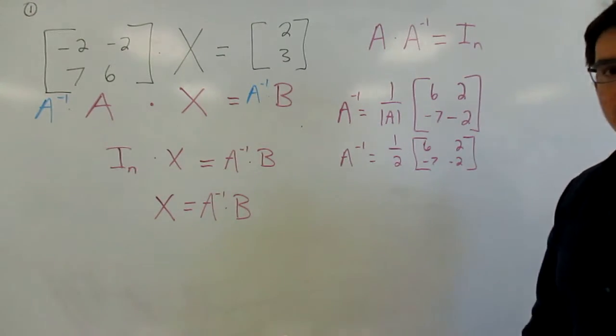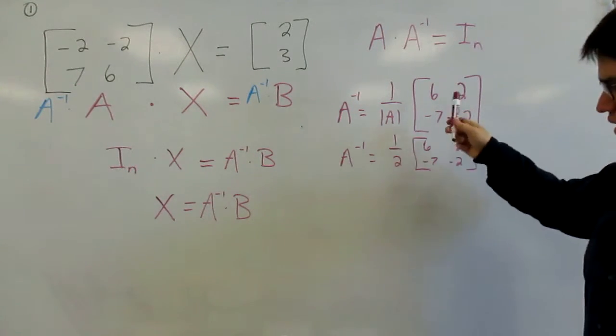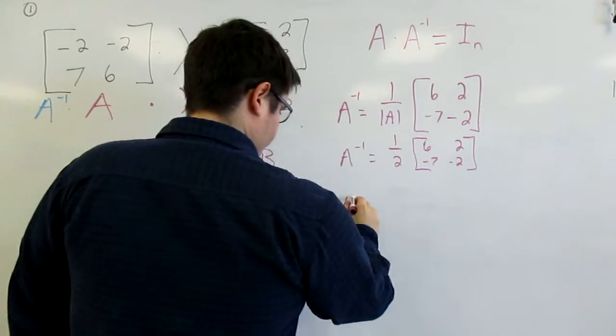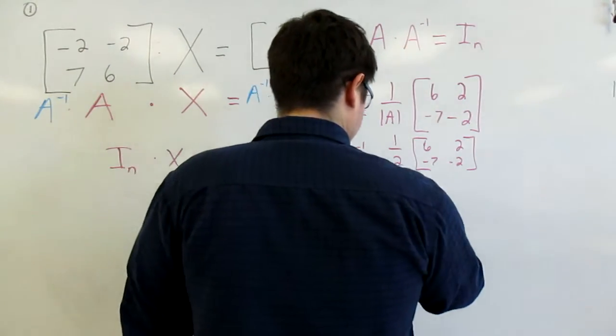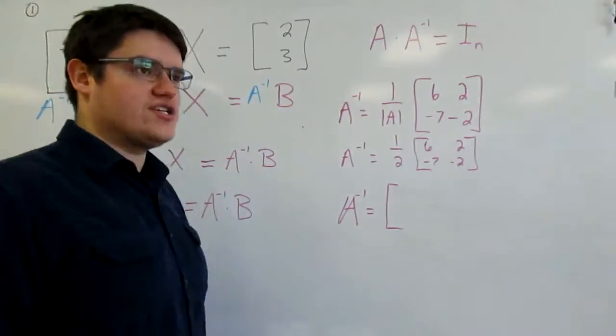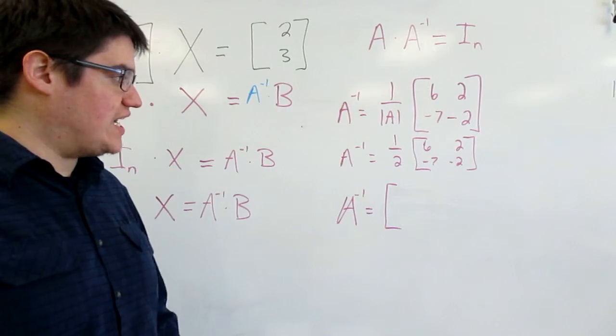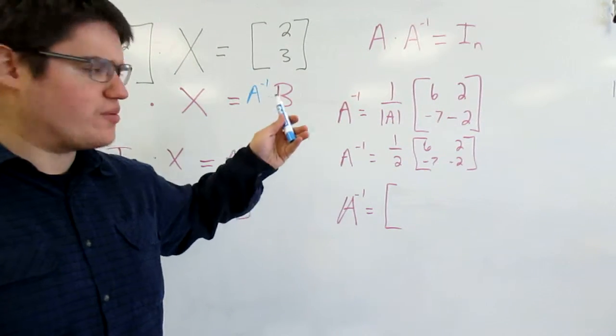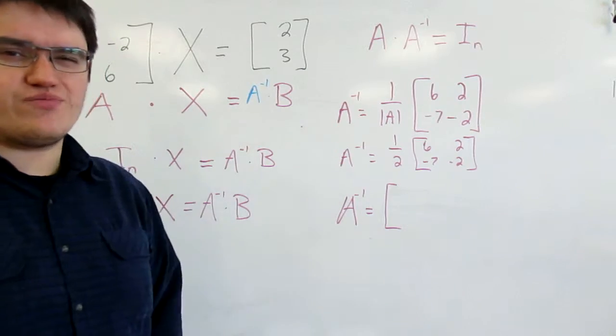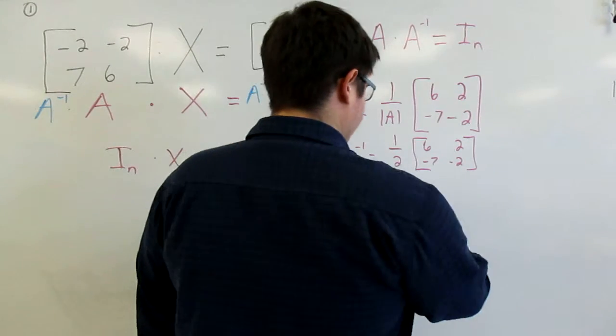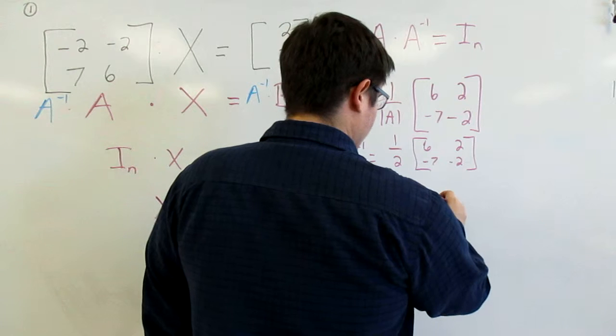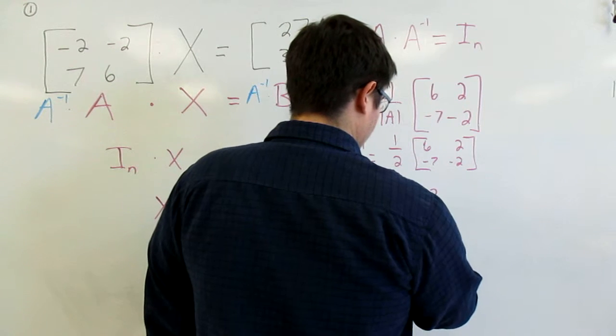Okay. And now we can distribute that throughout. Now, one thing I suggest to do, usually we like to reduce the numbers, but just keep them as fractions. You'll see why in a second. Makes life a little bit easier. 6 over 2, 2 over 2.